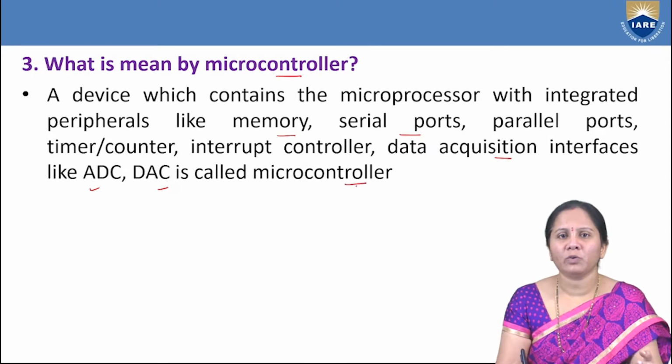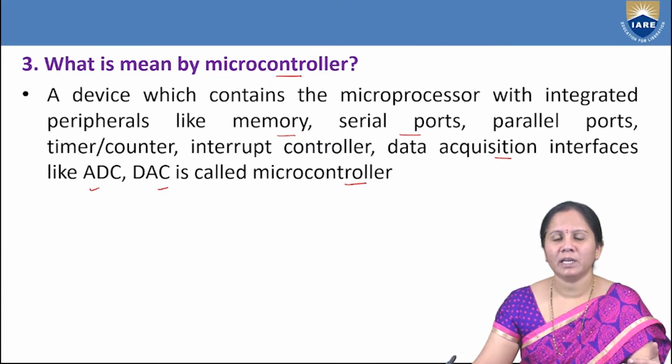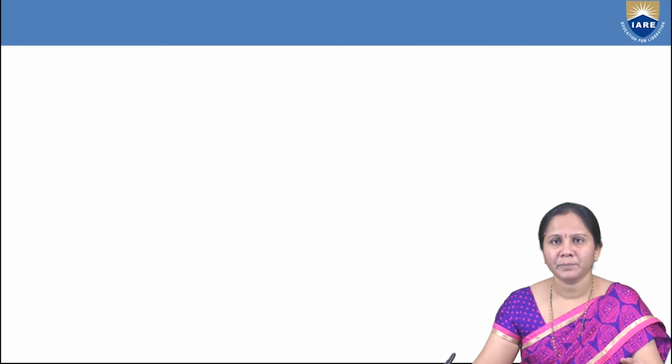So generally for a microcontroller, all these components will be present inbuilt along with the microprocessor and different peripheral devices like timers, counters, memory, serial ports, I/O ports. All these things will be present inbuilt.